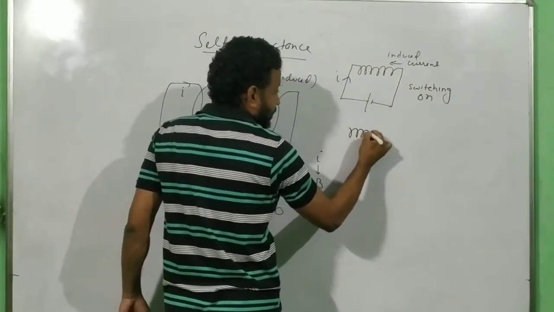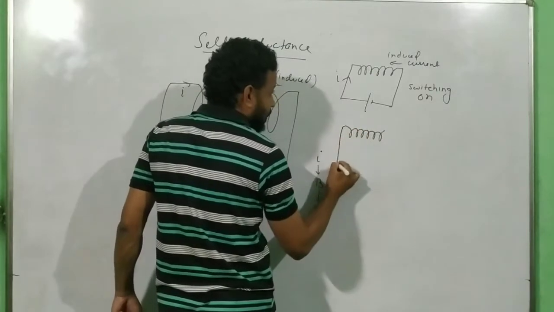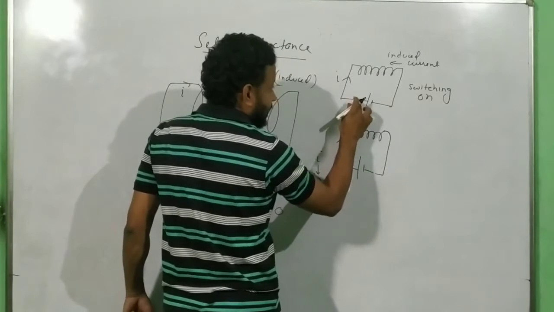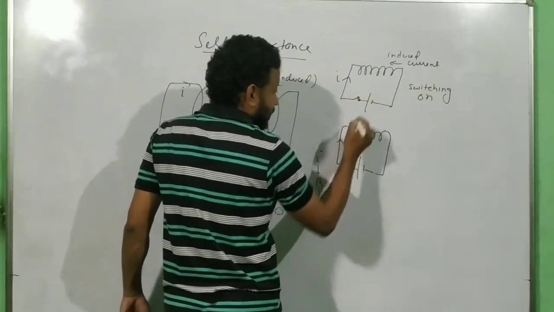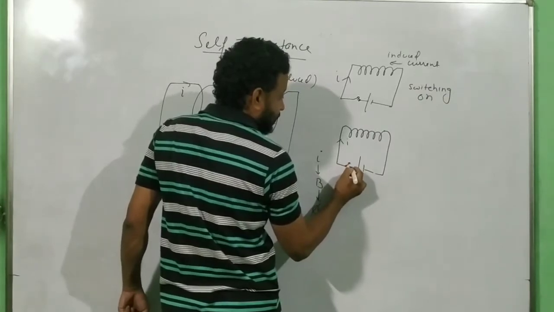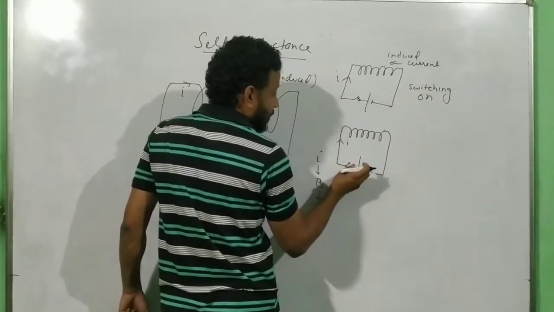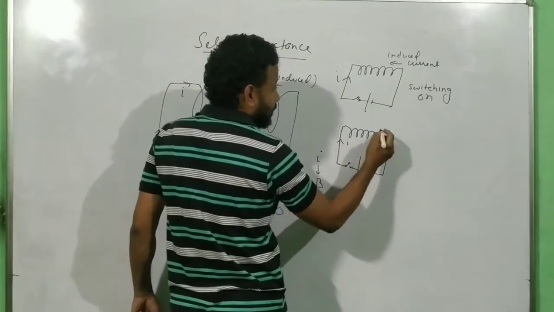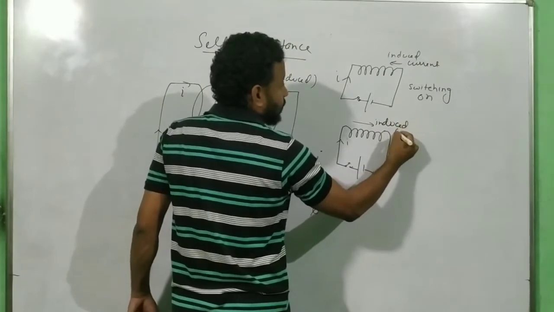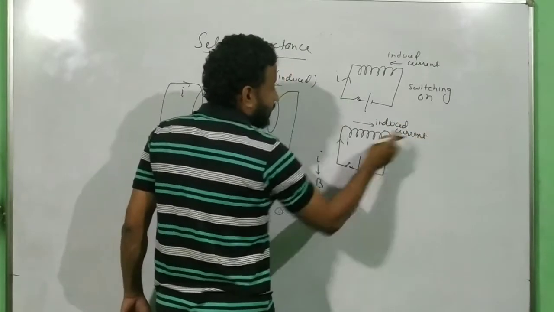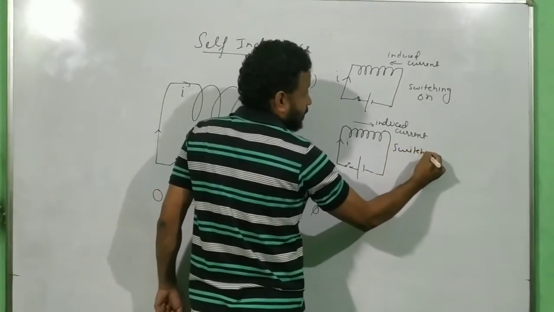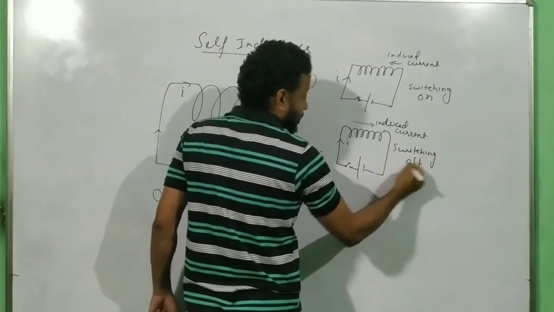Now, if this is my coil, this was the main current, and there is a switch over here, and I am going to switch it off. When I switch it off, the induced current will try to oppose the cause. Remember, the cause is trying to decrease the main current because we are switching it off. So this is at the time of switching it off.